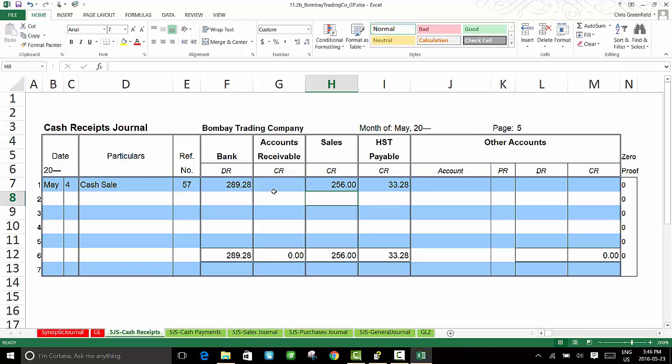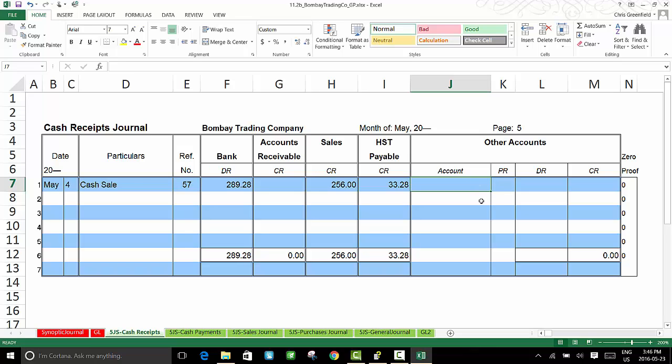In the same way, if you did have something bizarre and unusual that didn't fit across the top, then you could add it in here. You would add the name of it. This is cash receipts, so I don't know, if somebody was paying you for maybe a service that you had listed somewhere else, you could list that account here, and then whether it was a debit or a credit.